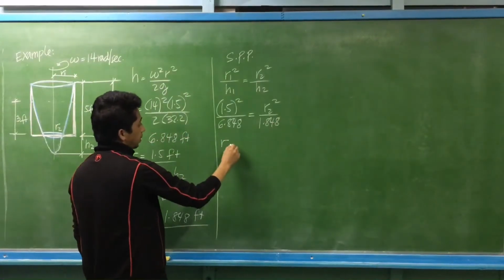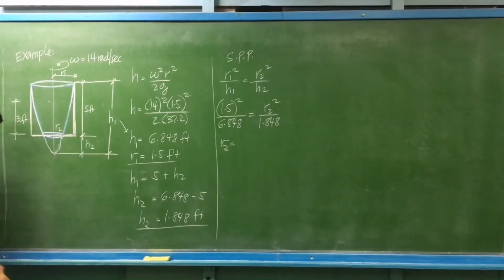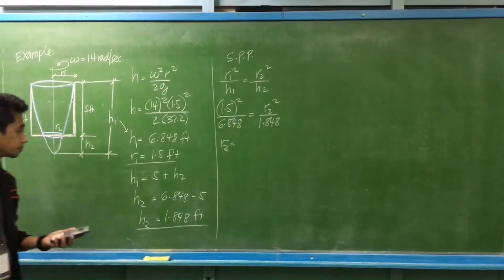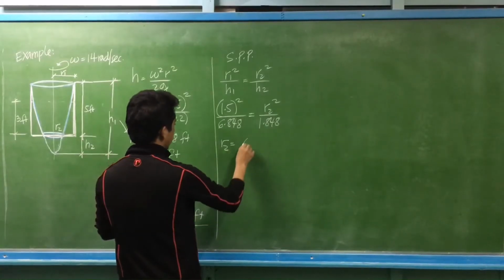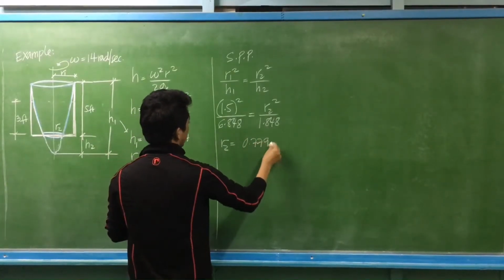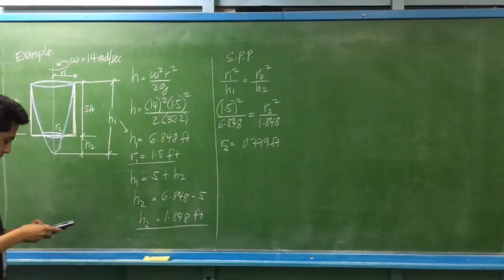So let us compute for radius number 2, the radius of the imaginary paraboloid. This is equal to 0.779 feet. So that will be the radius of the imaginary paraboloid.